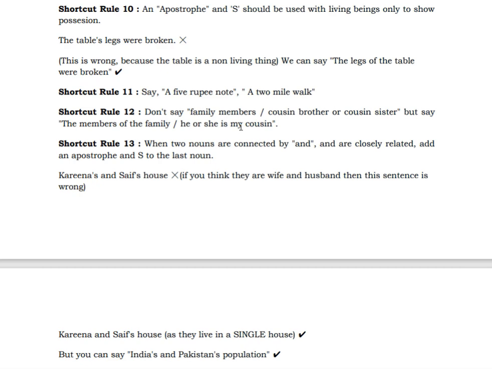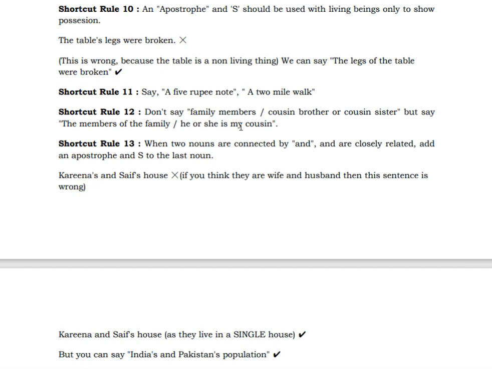Now let's go to next rule. Rule number 13. When two nouns are connected by and are closely related, add an apostrophe and s to the last noun. Karina's and Saif's house. So this is a wrong sentence because they are living in the same house. It is not separate.